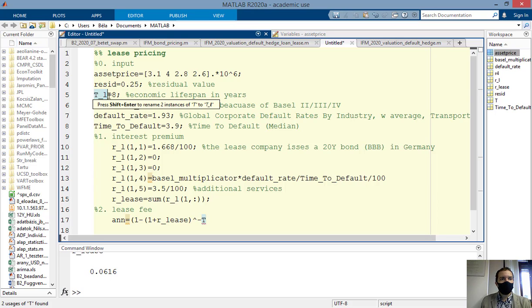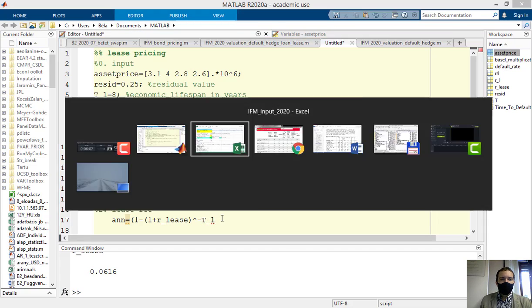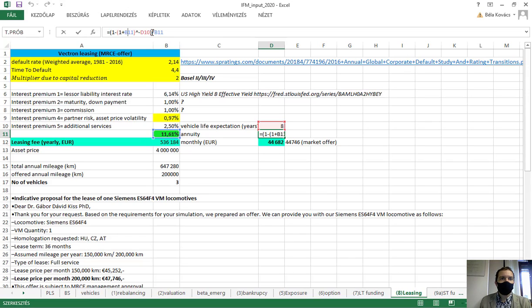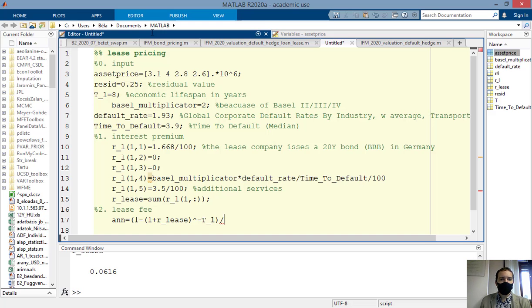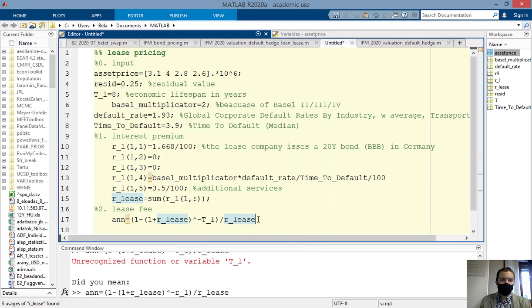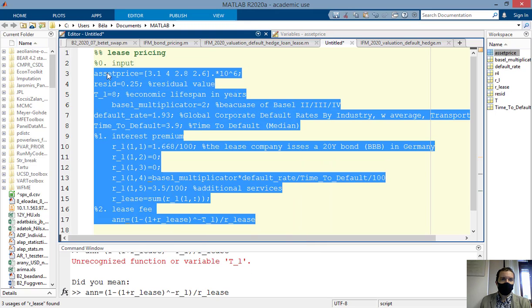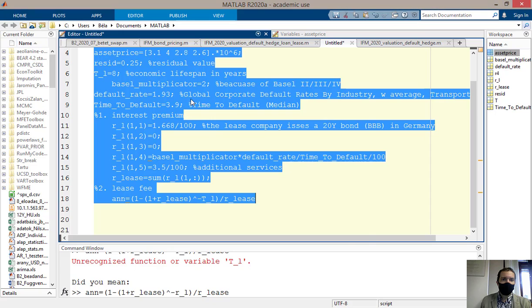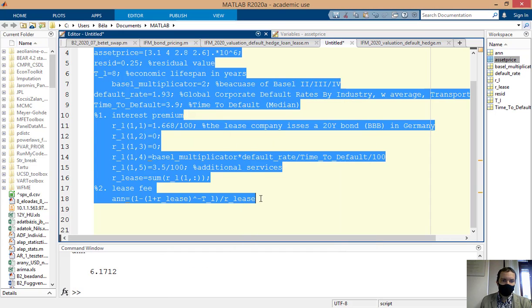Let's say TL because we don't want to have a conflict within the script later. Bracket closes and divided by B11, which is still the lease rate. Good.